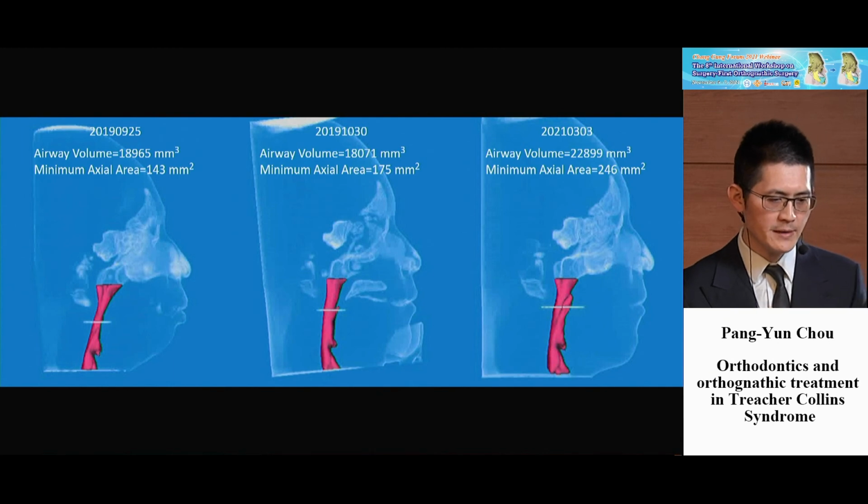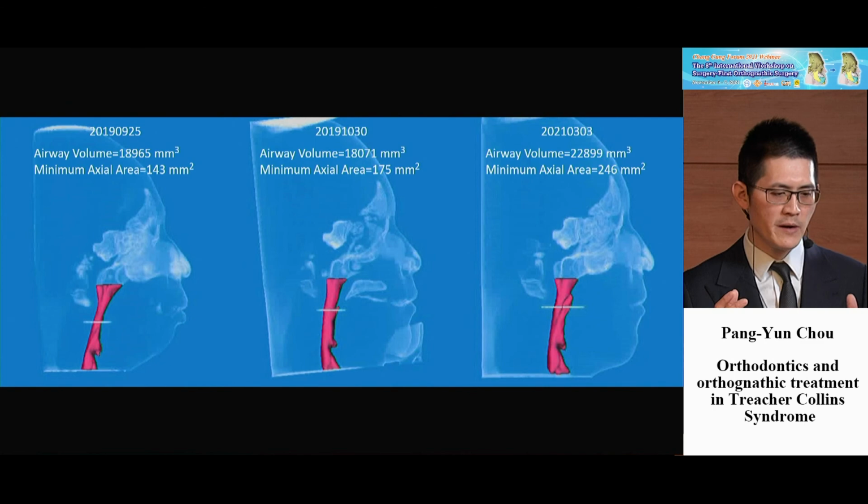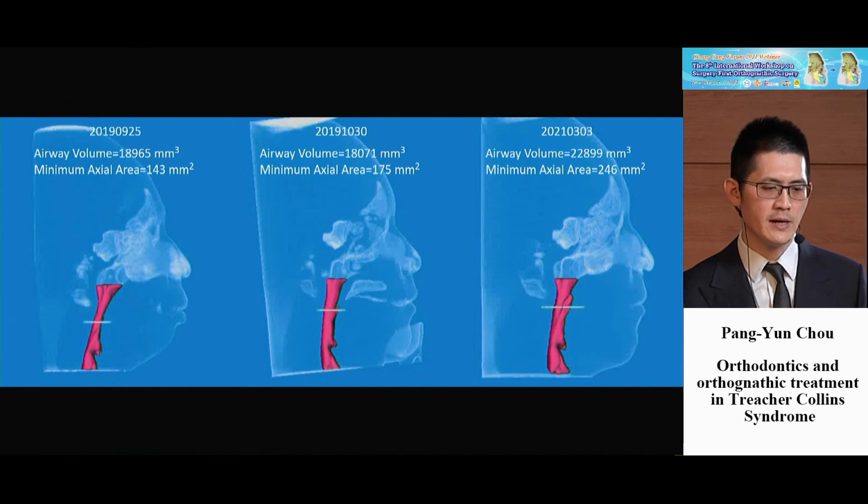In the beginning, the patient had, at the slice around the minimum axial area, a space of around 140 cubic millimeters.